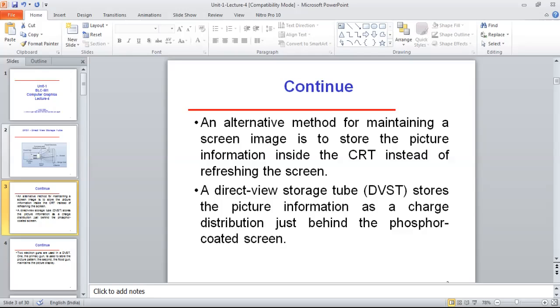A direct view storage tube stores the picture information as a charge distribution just behind the phosphor coated screen. Again, there is a phosphor coated screen, and the picture information is stored here in the form of charge.